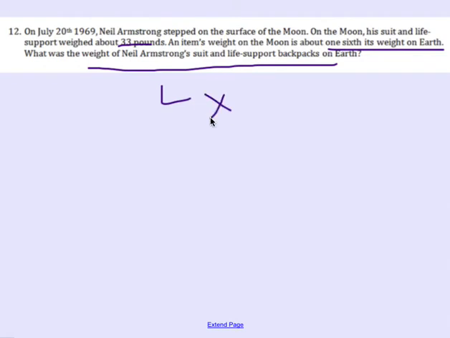Okay, so what I need to do is take the weight on Earth, which is X, and it's going to be 1/6 of that weight. And that's going to be equal to 33. So now I have this 1/6 X. Sorry about that announcement there.